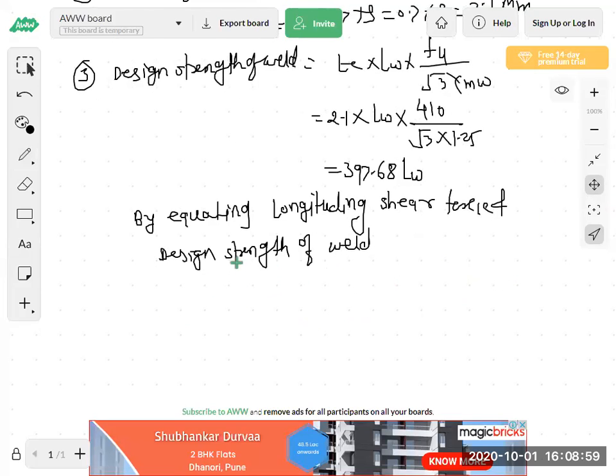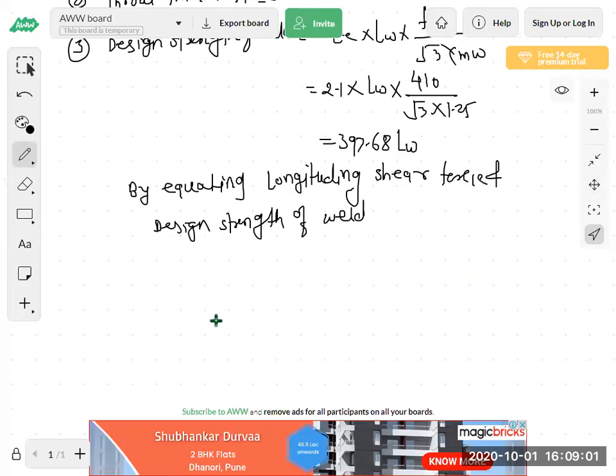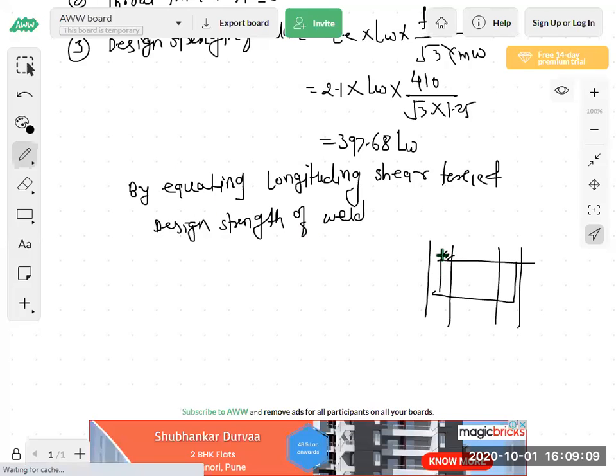So longitudinal shear force. If we see, these are the two columns and here we have attached the batten. So we have to weld like this here. Are you getting?